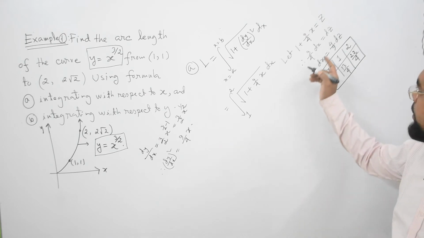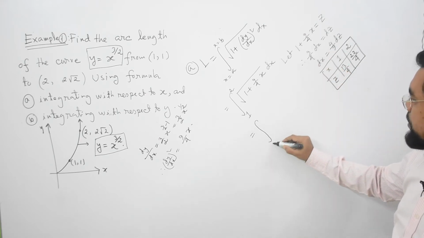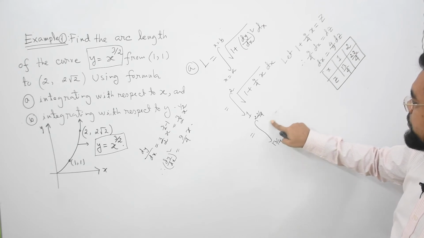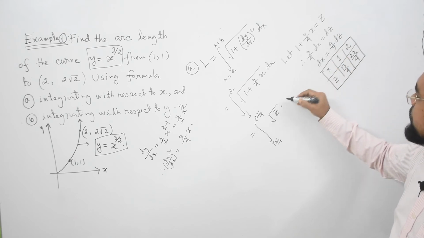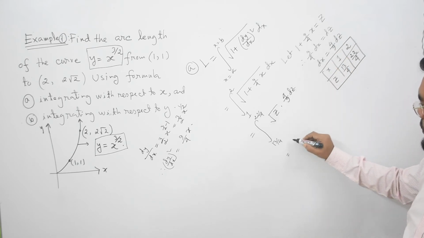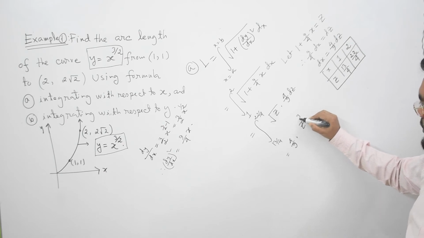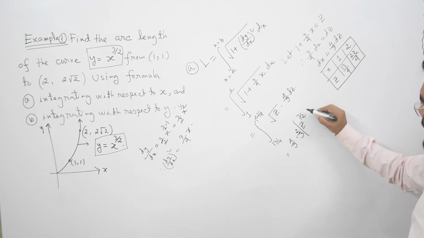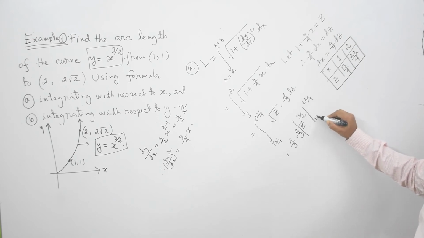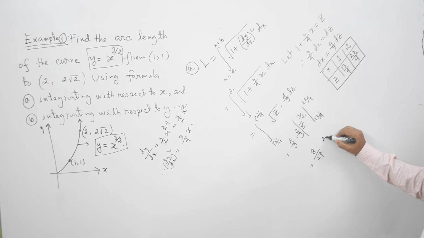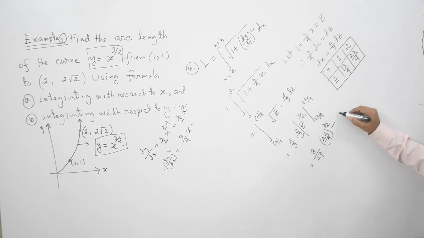So let us put this result here, 13/4 to 22/4, the square root of z, and dx equals 4/9 dz, which is equal to 4/9 times the integration of z to the power 1/2, which gives 2/3 z to the power 3/2, from 13/4 to 22/4, which is equal to 8/27 times (22/4) to the power 3/2 minus, if we put the lower limit, (13/4) to the power 3/2.